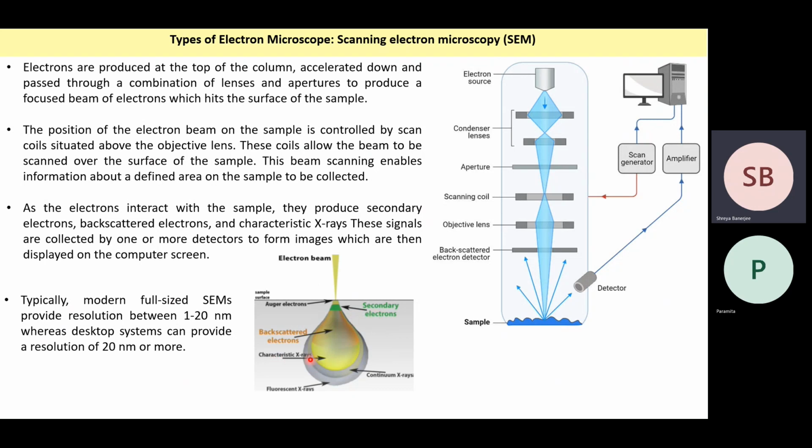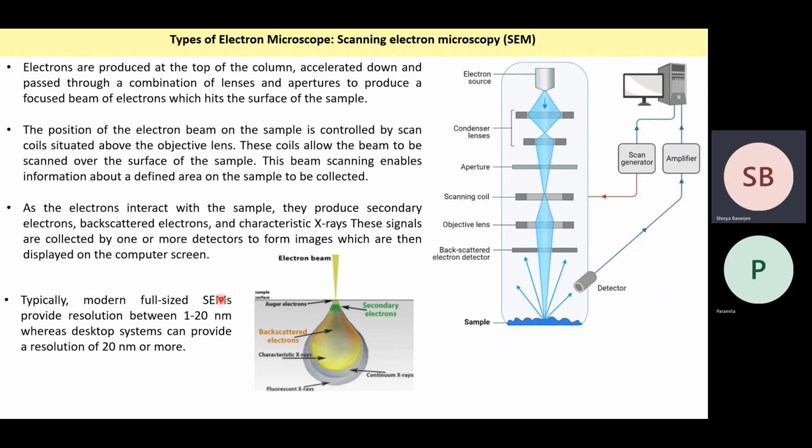They can be different kinds of characteristic or continuum X-rays, or they can be secondary electrons. Like suppose the electron beam hits the sample and an electron of the sample is ejected. So that will be a secondary electron. All these rays are collected by detectors to form the image, which is then displayed on the computer screen.